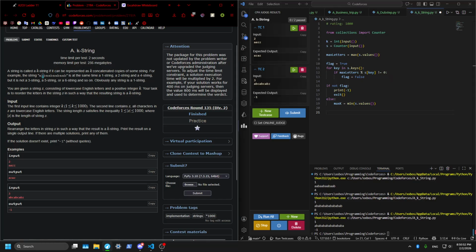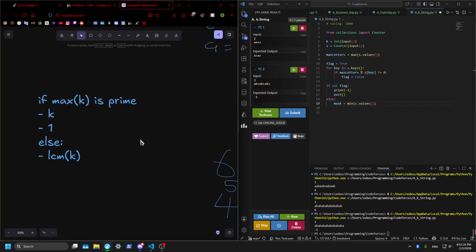Max K. Why do we need max K? Find out what's possible, then output. Okay, so this is what I realized. What we're doing is trying to find all that's possible.